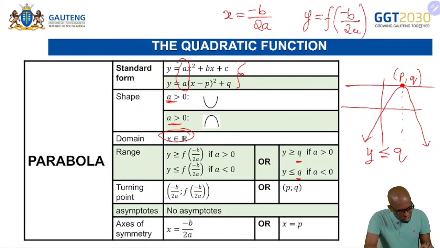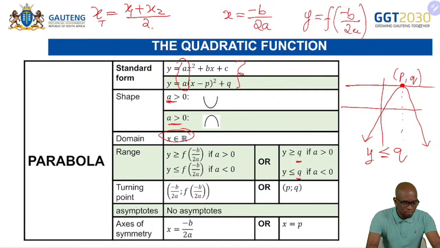The turning point, we get it by using minus b over 2a. You know that we can also use differentiation to get the turning point, because that's the maximum point or the minimum point. We can also use the x-intercepts of that graph: you find the average of those x-intercepts.